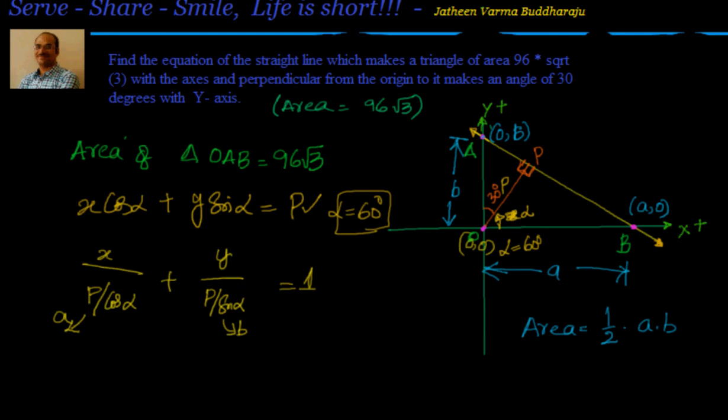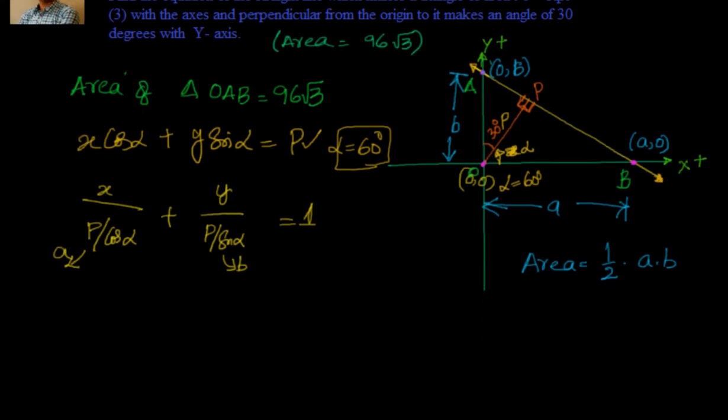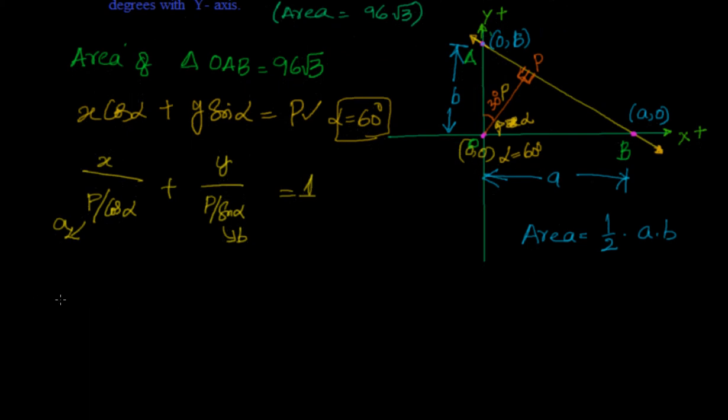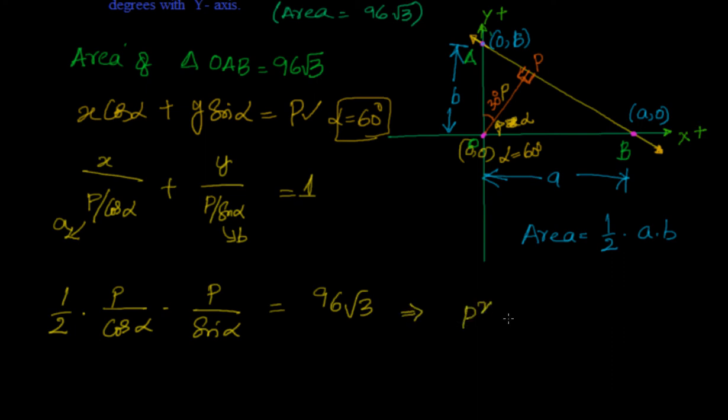So we can go ahead and substitute: half into a, which is p by cos alpha, into b, which is p by sine alpha. Half AB is equal to 96 root 3. So if you substitute, you will have p square equal to 96 root 3 into 2 sine alpha cos alpha, which is nothing but sine 2 alpha.